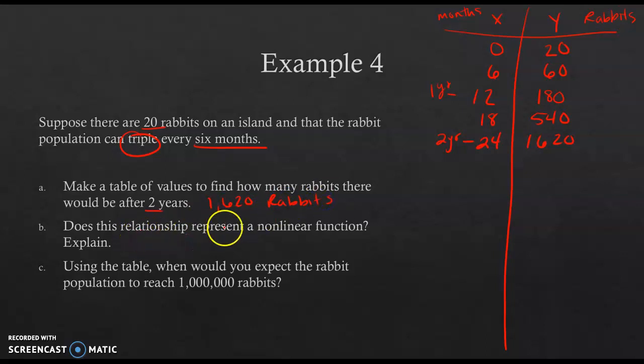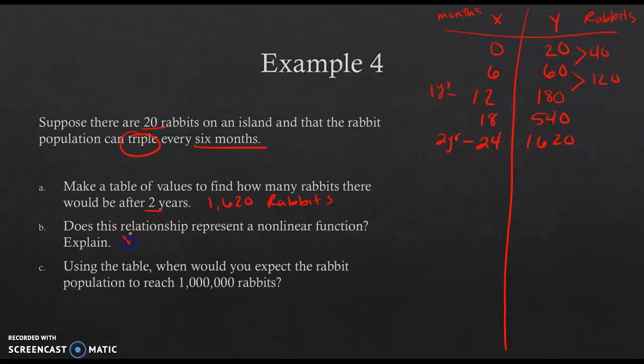And then it says, does this relationship represent a non-linear function? Explain. Now, yes, because from 20 to 60 is 40, but from 60 to 180 is 120. Seems like a lot, but that's what it is. And so that's our differences. It's not a constant rate of change.